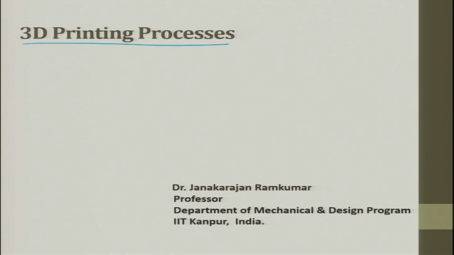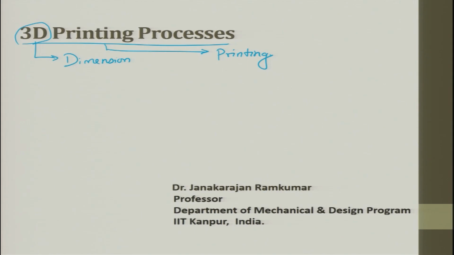Welcome to the next lecture on 3D printing processes. So 3D talks about the dimension of the object which we are going to make, and we are going to use the technology that we use in printing.